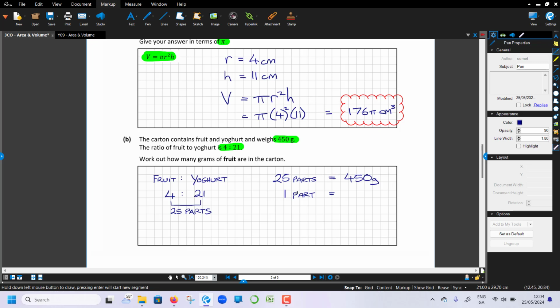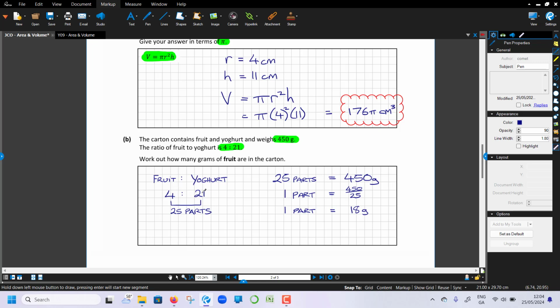You divide by 25. So we do the same over here. 1 part would be 450 divided by 25. You don't need to write that down, you could go straight to the next line. You just do that on your calculator. What should it be? 18 grams. So 1 part is 18 grams.